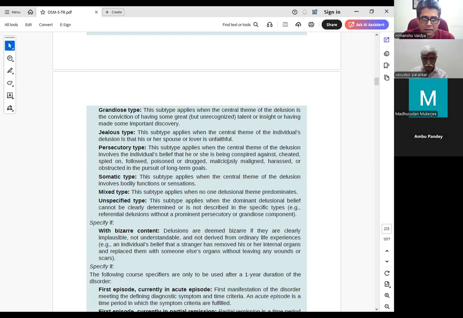Let me take an example one of my supervisors took. A person had, not a delusion, but a hallucination. He had a hallucination that insects and cockroaches are crawling inside the body under the skin.